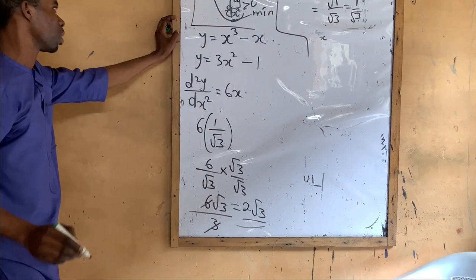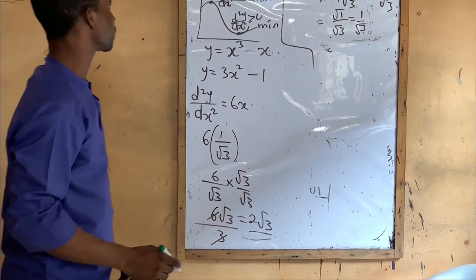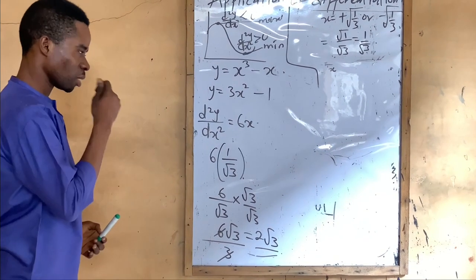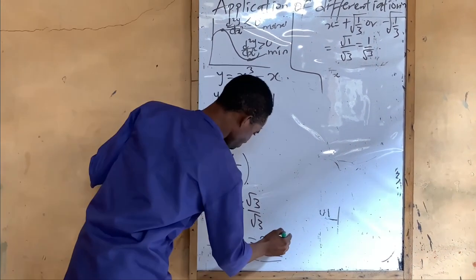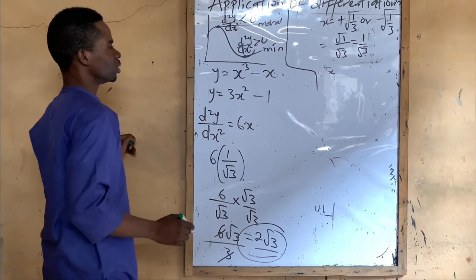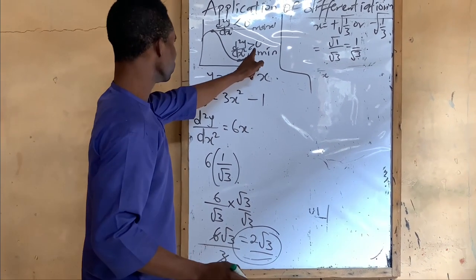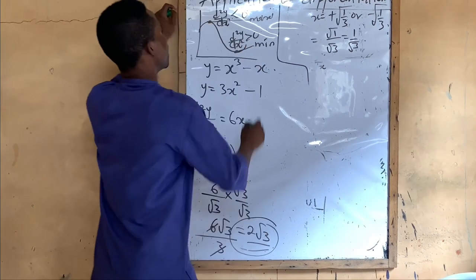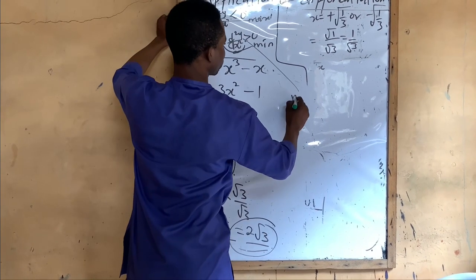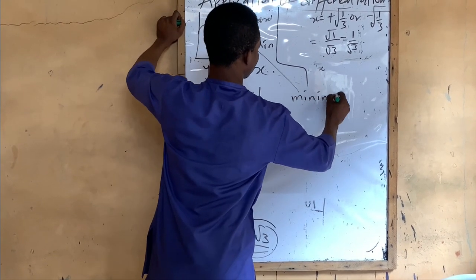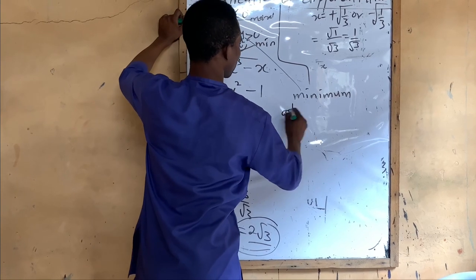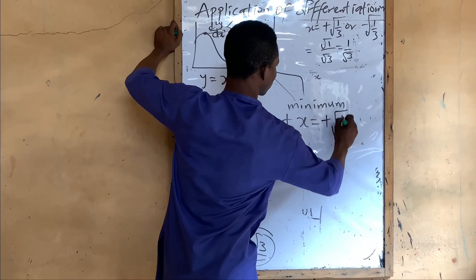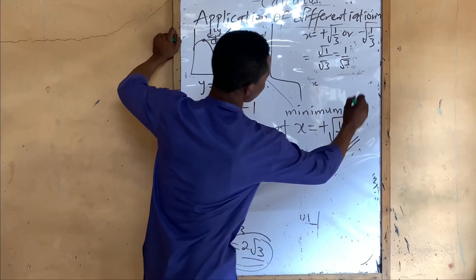Now let me ask you, is 2 root 3 greater than 0 or less than 0? It is actually greater than 0. That means for 2 root 3 to be greater than 0, it is minimum. It is minimum at x equals plus root 1 all over 3.